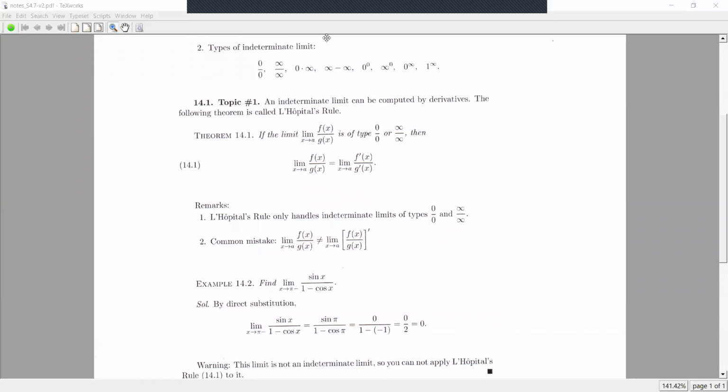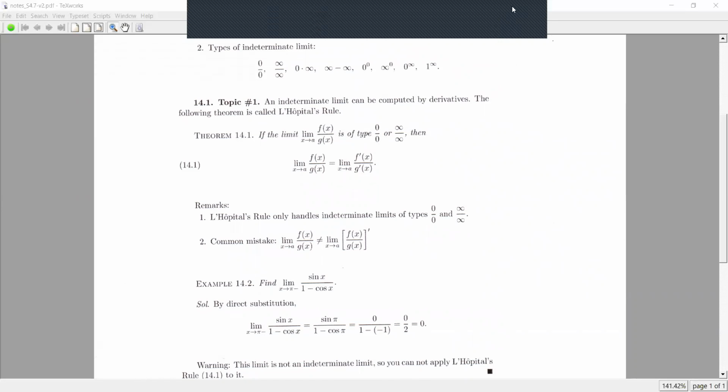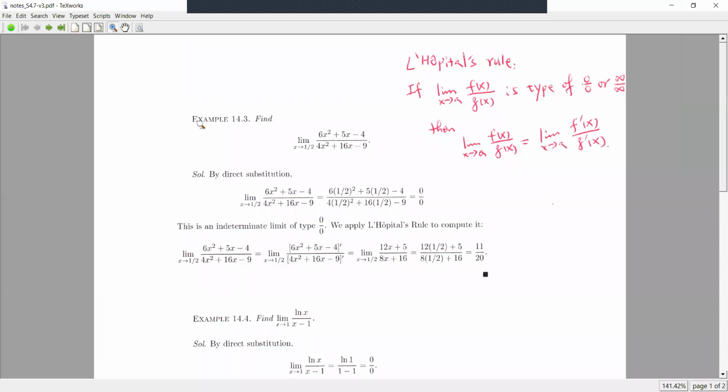Okay, more examples in the following. Example 2. Find this limit. Try direct substitution first. Plug in 1/2 for x, then the limit is this number. But this number is 0 over 0. We cannot determine it. So we turn to use L'Hopital's rule.